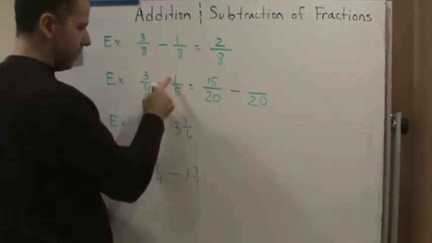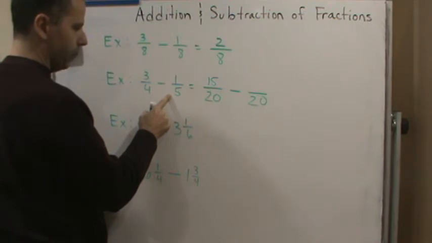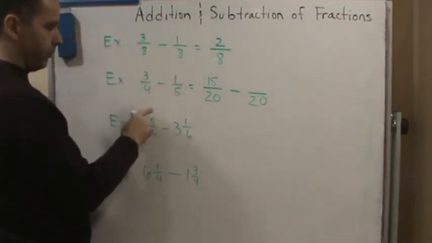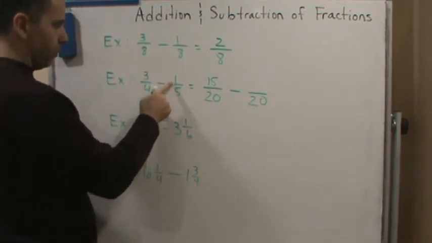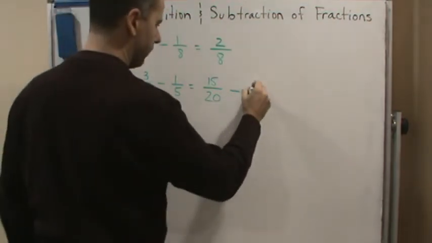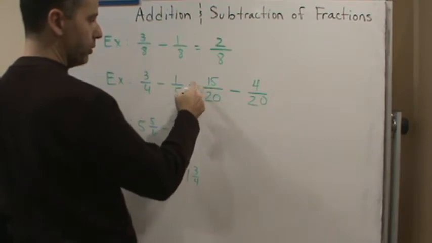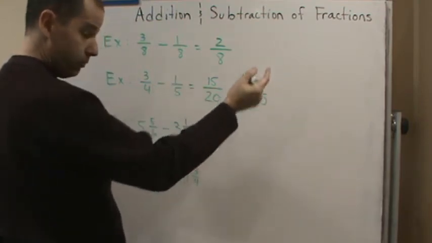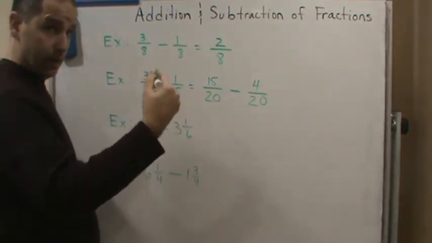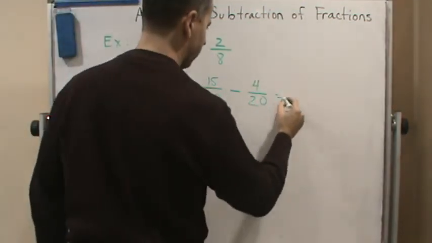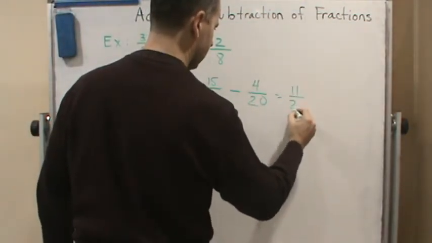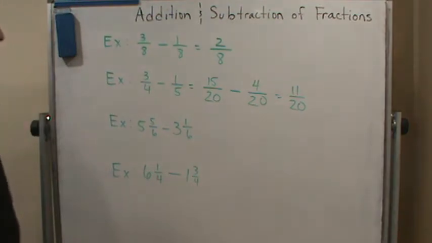And here we're going to multiply the top and the bottom by 4. Okay? So in this case, multiply the top and the bottom by 4, we get 4 20ths. Now, we've got a common denominator, so now all we do is subtract across the top and keep the bottom. So this is going to give us 11 20ths.